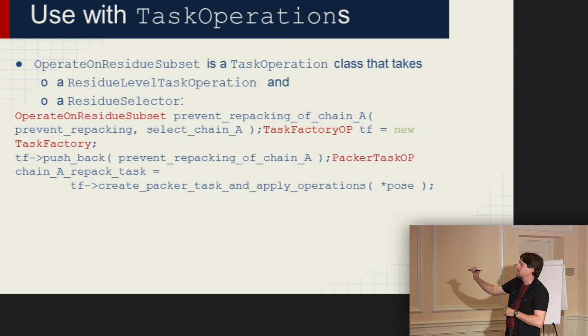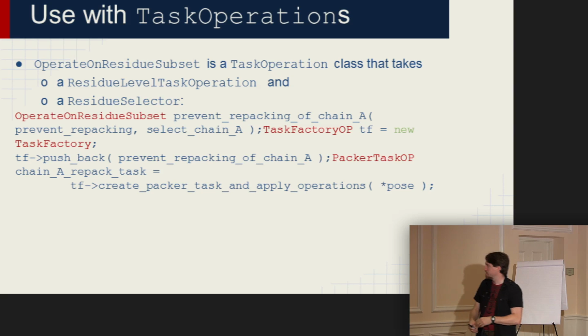We give it the prevent repacking task operation that we generated a little higher up in my code, and we give it select chain A, one of my residue selectors. So then you now have this special task operation that's customized to work on a specific set of residues. So this is why this is so cool. Now we can create our task factory, push back our task operation, and we get our PackerTask ready to go, only to repack everything except chain A.